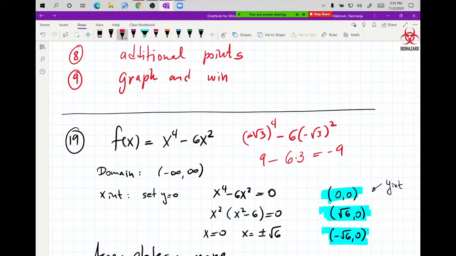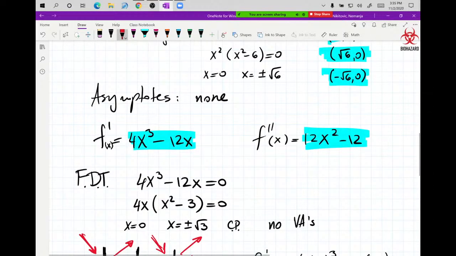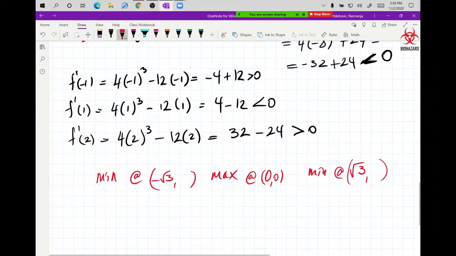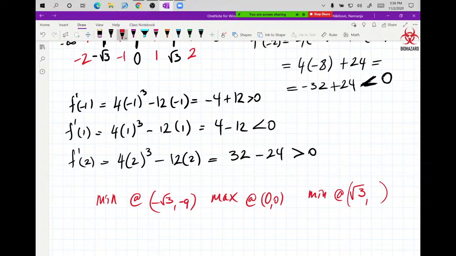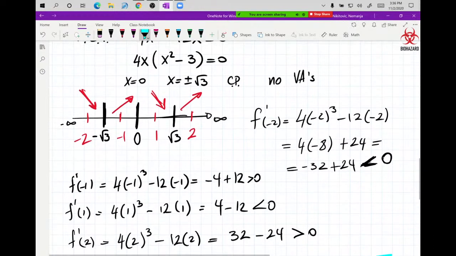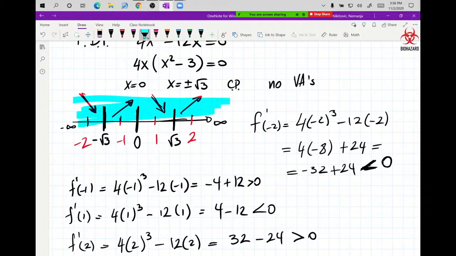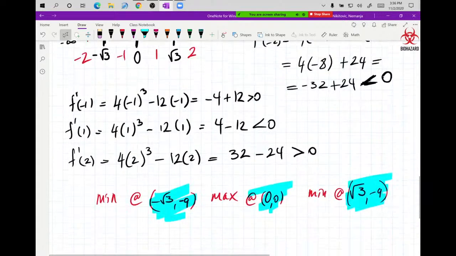So that turns out to be -9. And the other one, since it's symmetric, better be... sorry, -9 as well. And we have 0, 0. So these are the points that we are actually graphing. So I'm going to highlight that. And also, this is information that we would need for graphing. I don't want to highlight it because it makes it ugly, but it's right there.